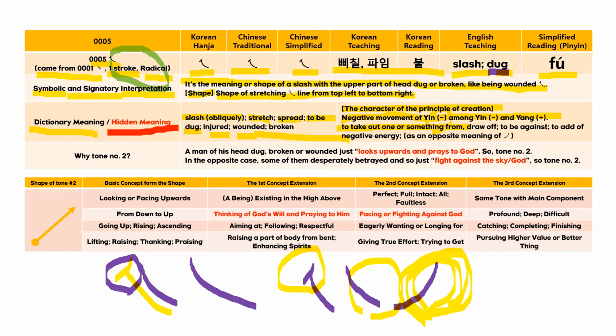Okay, so the opposite meaning of this character, minus. So to take out one or something from, and throw off. To be against. To be against the sky, God, something like that. Or to add of negative energy for something or against something.